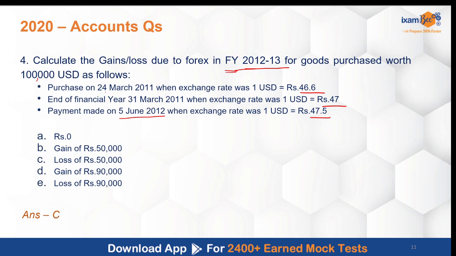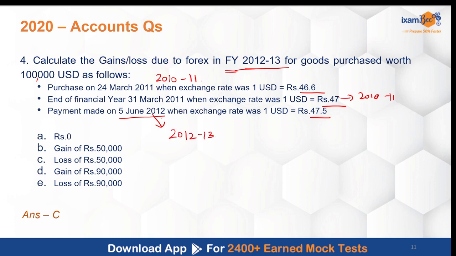So the purchase happened on 24th March 11, which means the financial year was 2010-11. Then the end of that financial year is again related to 2010-11, and when I made the payment in June 12, it was the financial year 12-13, and this is where I have to relate this particular purchase.